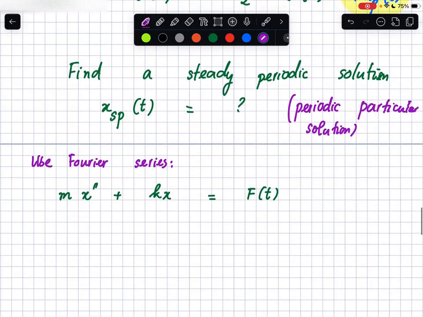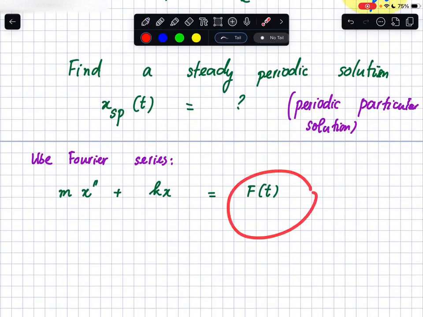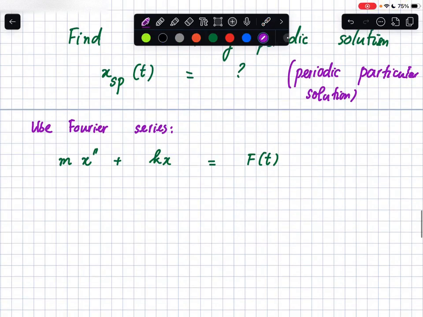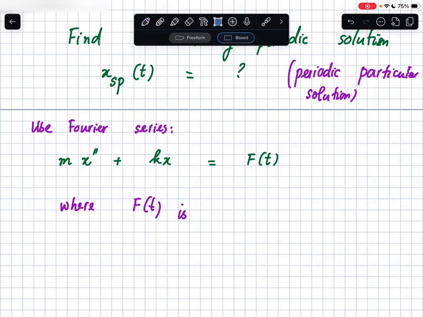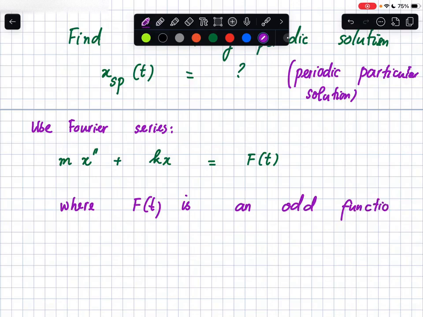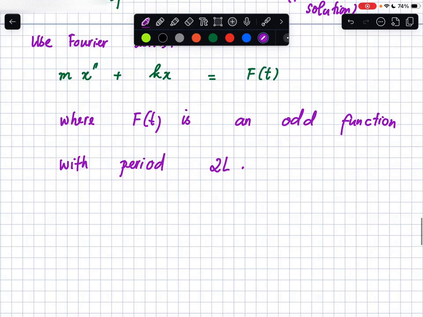So usually they will give us the function f is periodic. So say for this question, f(t) is an odd function with period 2L. And for an odd function, you know the Fourier series of f(t) will contain only the sine terms.